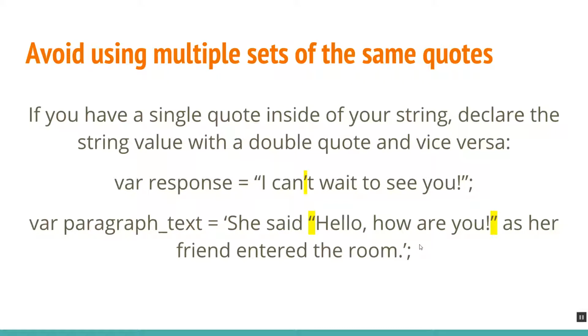Now you might want to know, why do I have two options? Because you want to make sure that you're not using a combination of similar quotes inside of the value of the variable. So if you have a single quote that's part of the variable value, then I would recommend using double quotes on the outside.